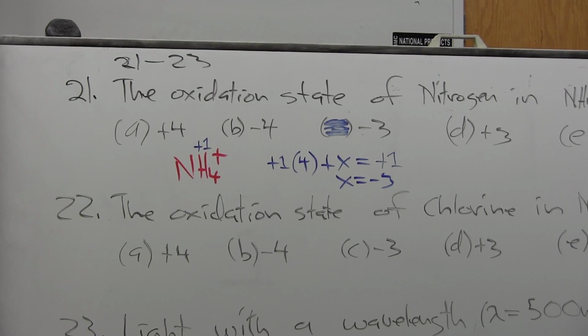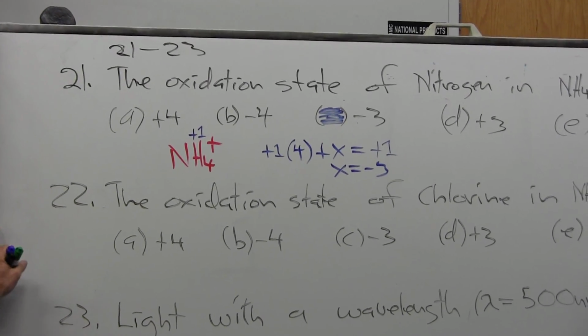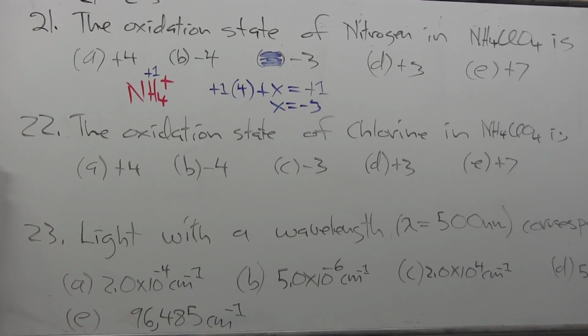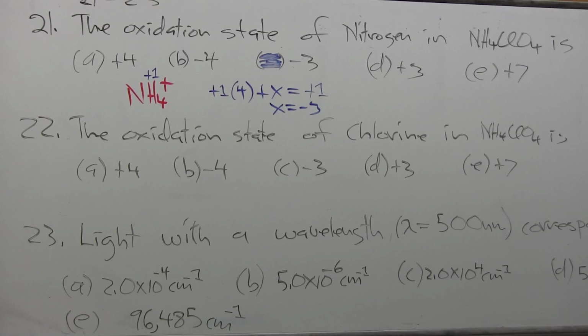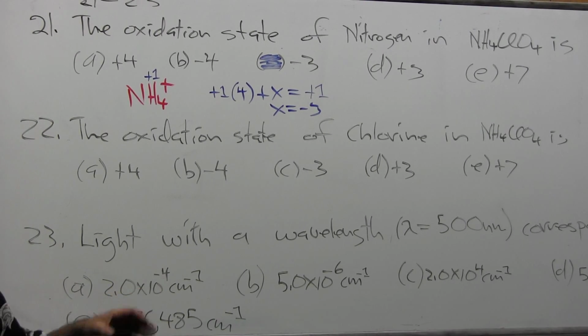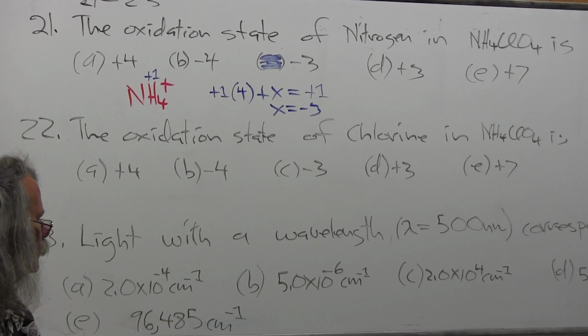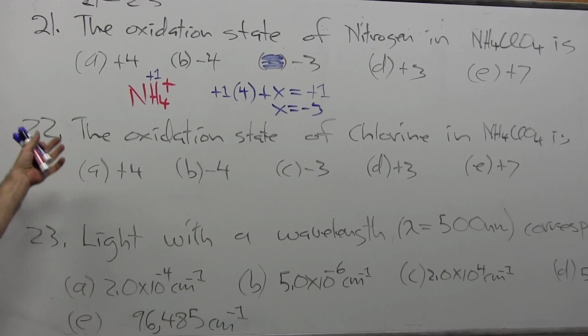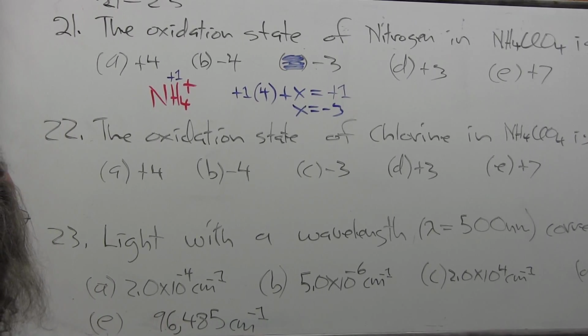Okay? And now, with the same problem in problem 22, is the oxidation state of chlorine, this time, in the ammonium perchlorate. And then you have the same exact options that were present in problem 21.